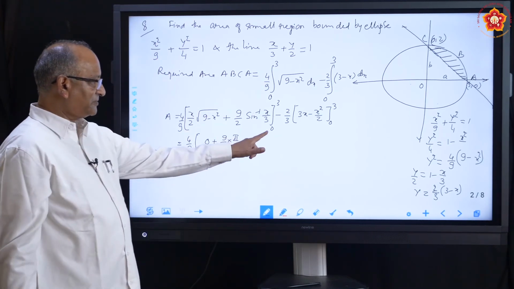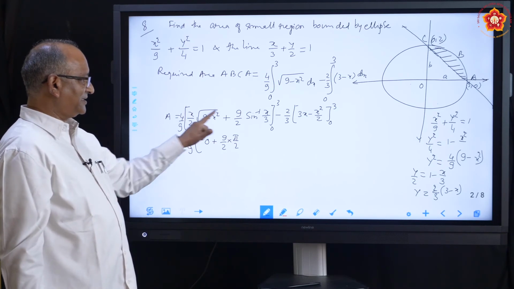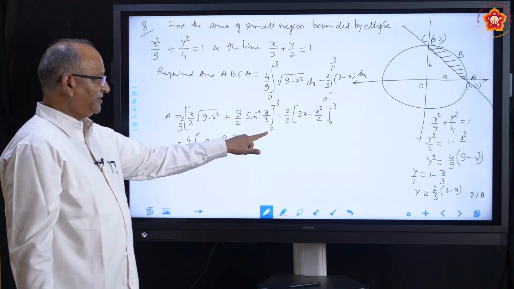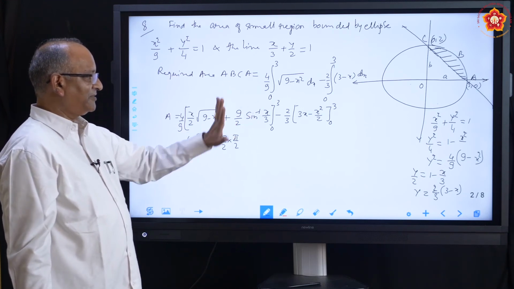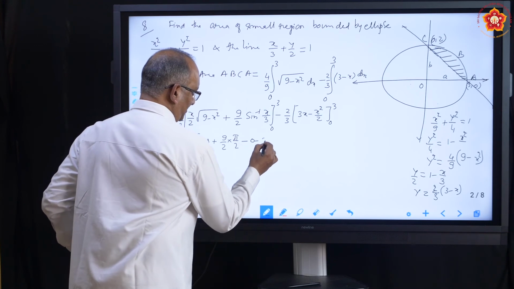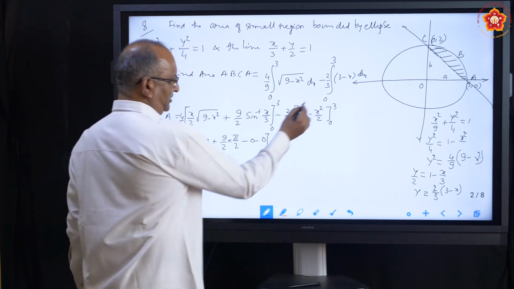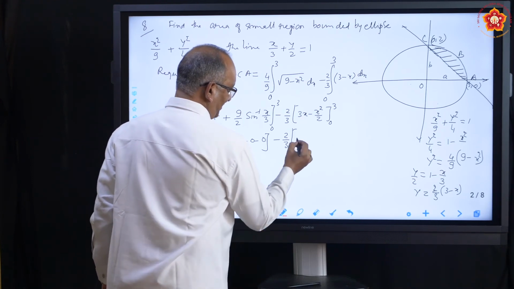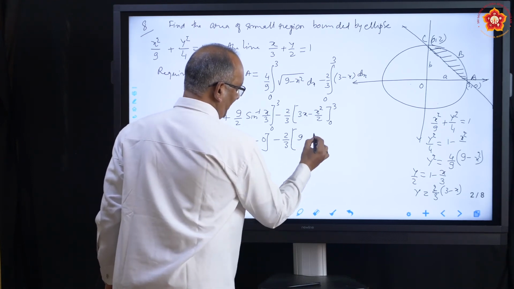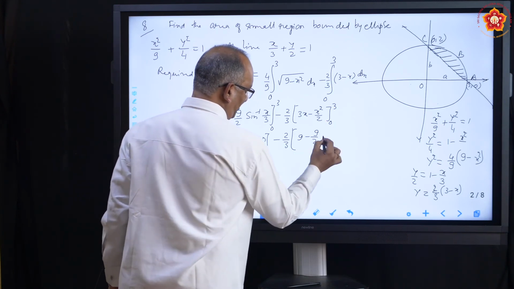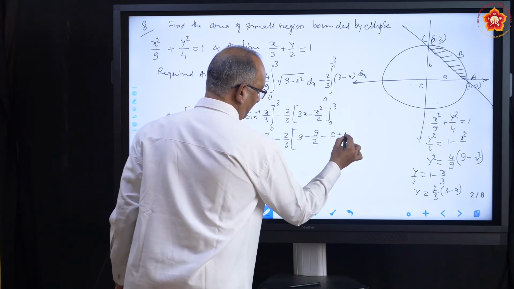Now when you are going to substitute lower limit, because x we are substituting 0, so the whole thing will become 0. Here when we substitute 0 by 3, sine inverse 0 is also 0. So minus 0, minus 0. Coming to this, minus 2 by 3, 3 3s are 9, minus 9 by 2. When we substitute 0 again, it will become 0.